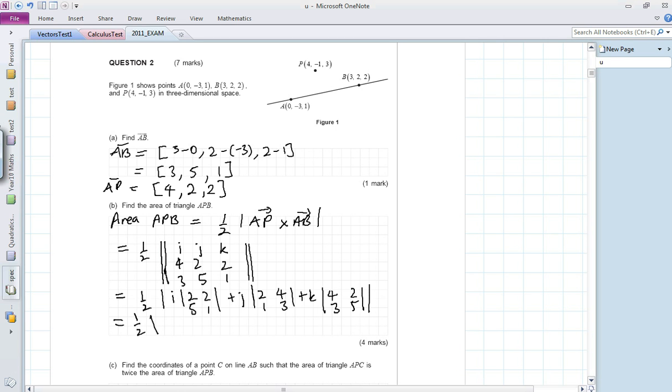Simplifying all that, and we'll put it back into component form here. That's going to be 2 subtract 10 is minus 8, 6 take 4 is 2, 20 take 6 is 14.